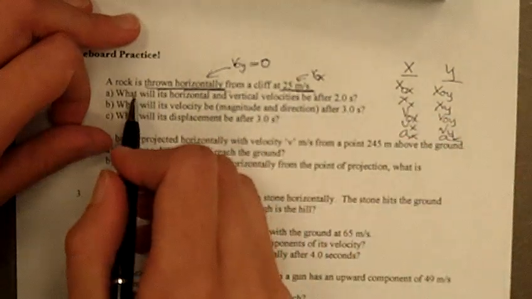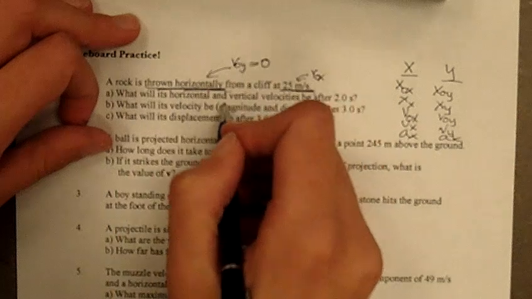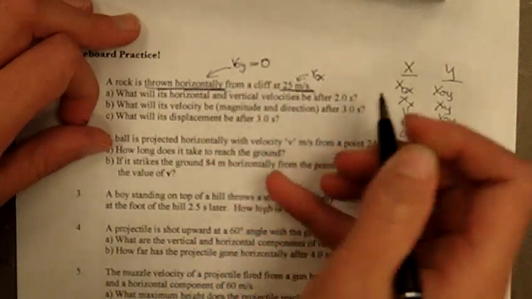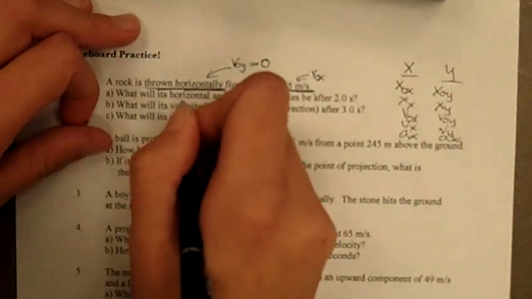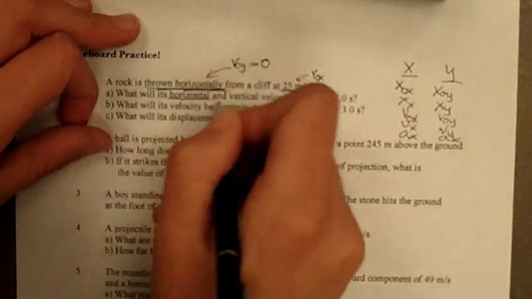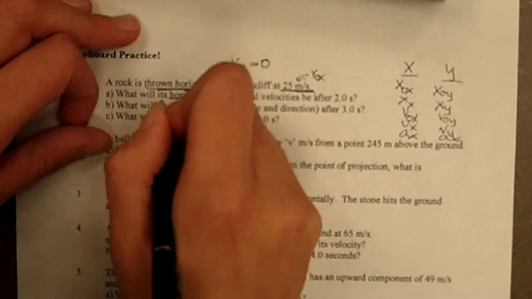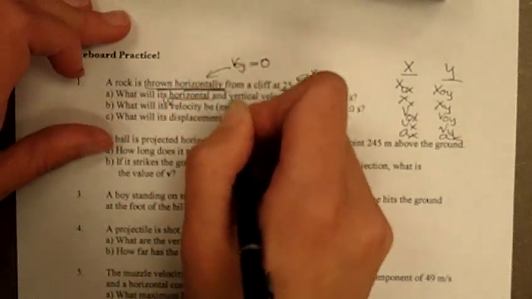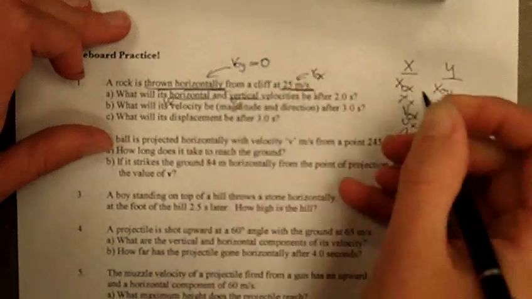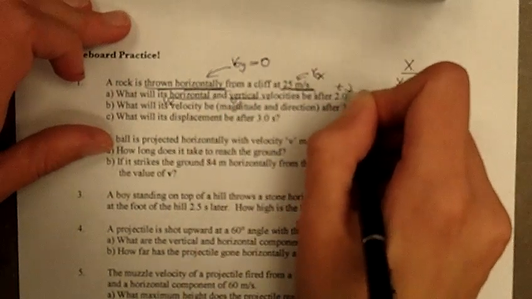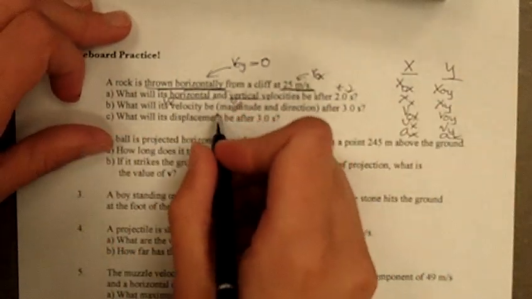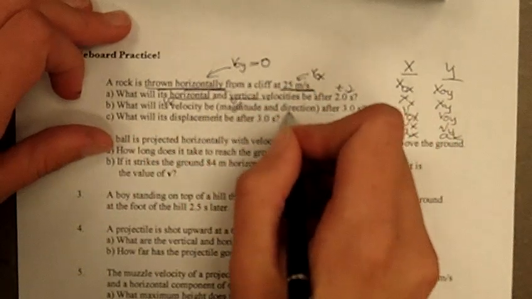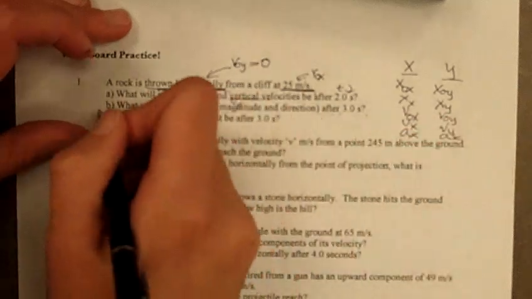Okay, I want to know what will its horizontal and vertical velocities be after 2 seconds. So I'm looking for v x and v y when t is 2 seconds. What will its velocity, magnitude, and direction be after 3 seconds?